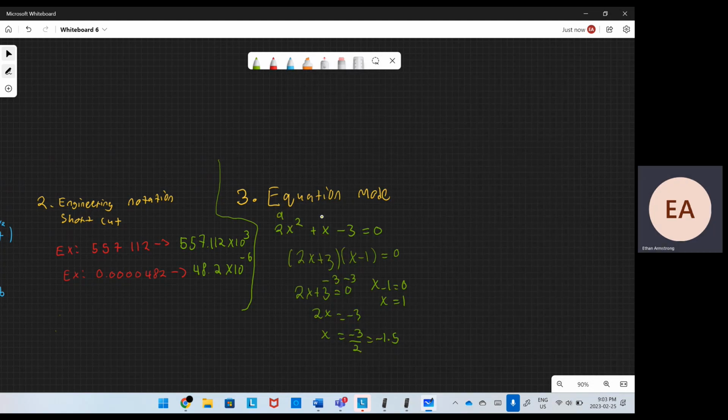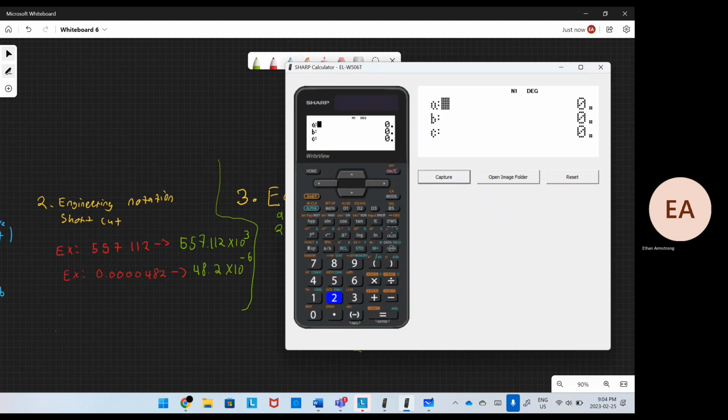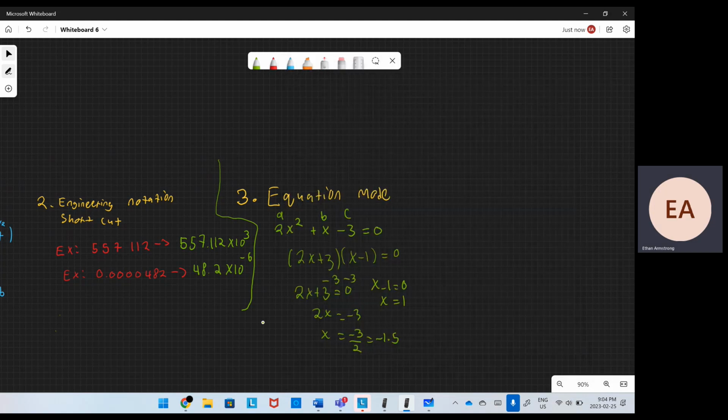So that's a, that's b, and that's c. So we have 2, 1, and -3. And then it will tell us what x is equal to. So we have x equals 1 and x equals -1.5.